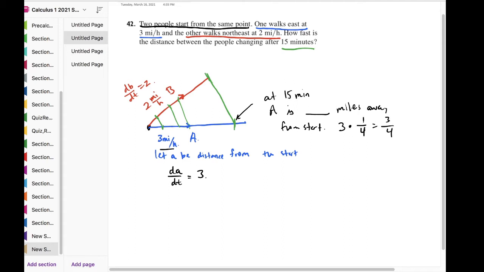So 3/4 miles, right? Because 15 minutes is a fourth of an hour. And then this one, at 15 minutes, B is what? It's 2 miles an hour, and 15 minutes is a fourth, so 1/2. So 1/2 mile away from the start.